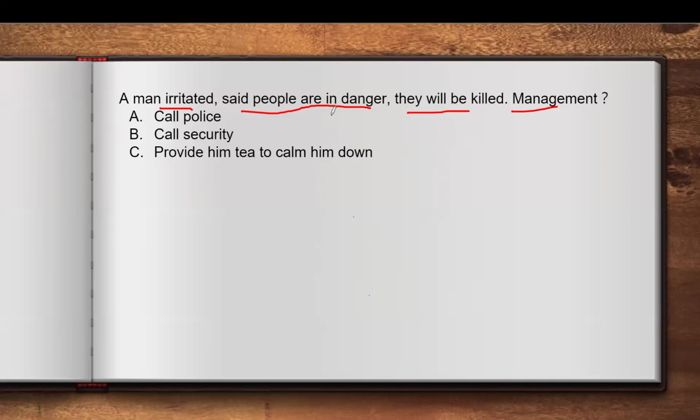Yes, so this patient, most probably, is having some psychotic episode. He's having some delusions. Okay, so the important thing here is to ensure safety. So we will be calling the hospital security. Okay, if things get worse or the patient does not get controlled after all our measures, then we can call the police.